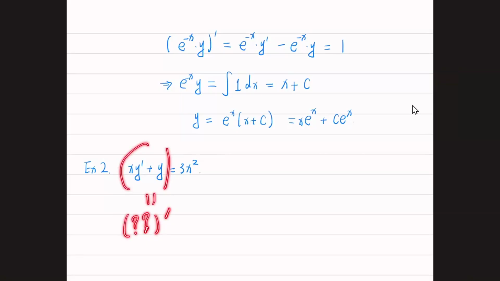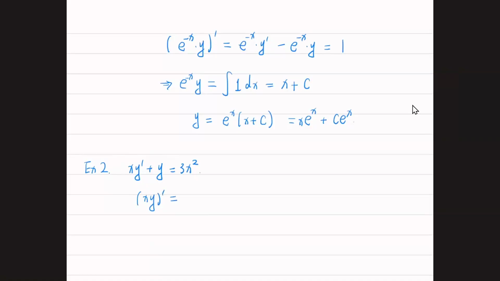Okay, for this one, let's check x times y, derivative.